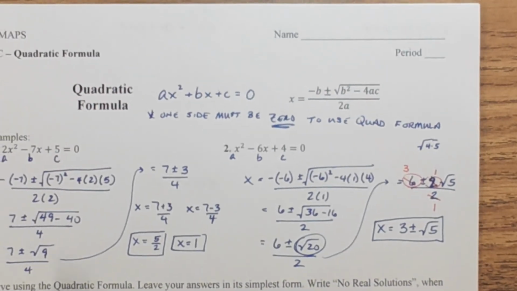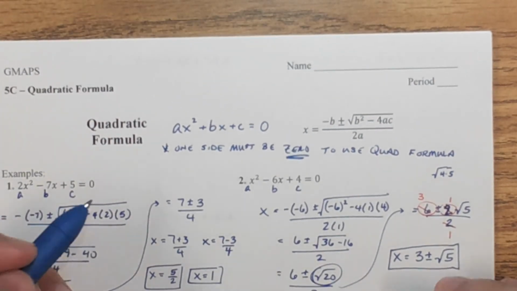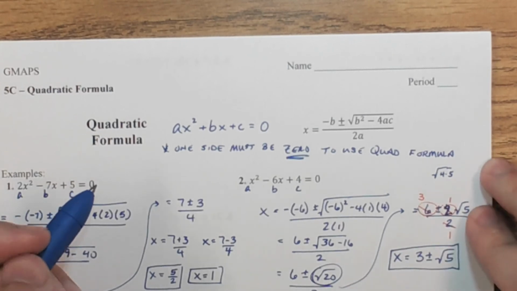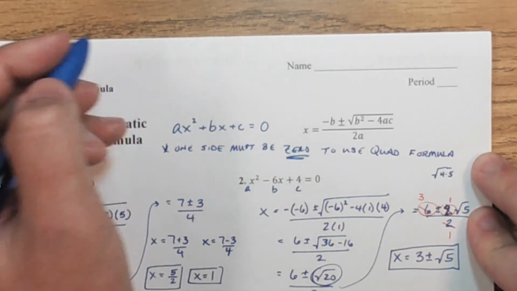The only other thing I want to make you aware of is, in the last assignment when we talked about completing the square, if we had a negative underneath the square root, that meant it was no real solution, right? So same thing here.